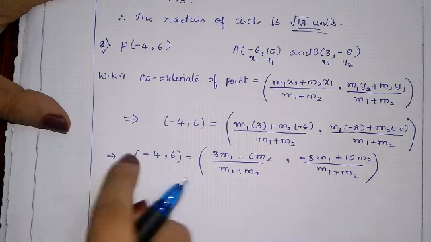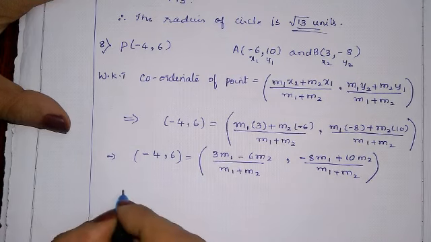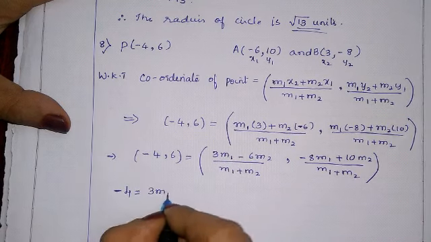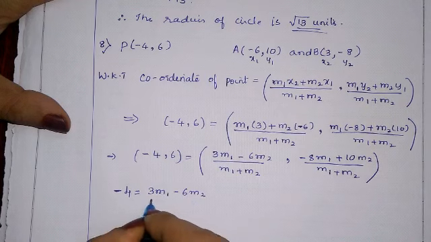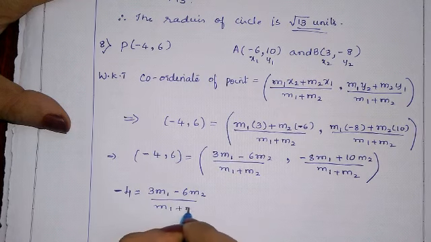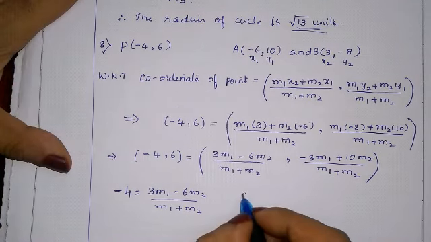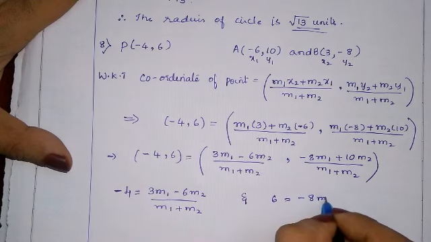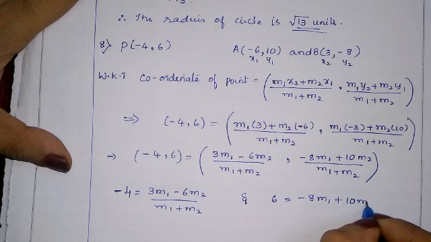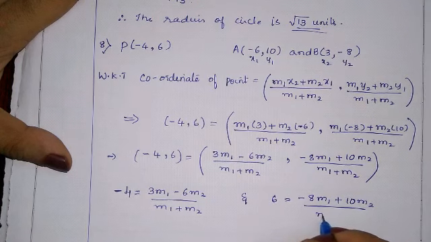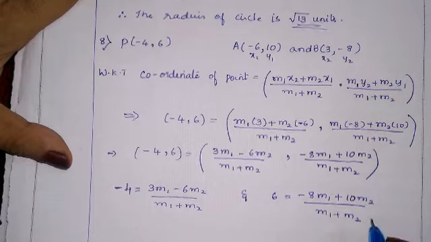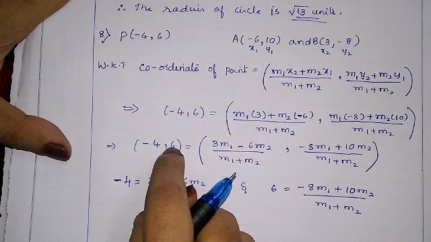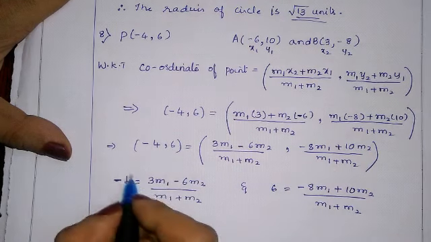So we will equate x to x: minus 4 is equal to (3m1 minus 6m2) upon (m1 plus m2), and y to y: 6 is equal to (minus 8m1 plus 10m2) upon (m1 plus m2). First the x coordinate with x we have equated, and the y coordinate with y we have equated.